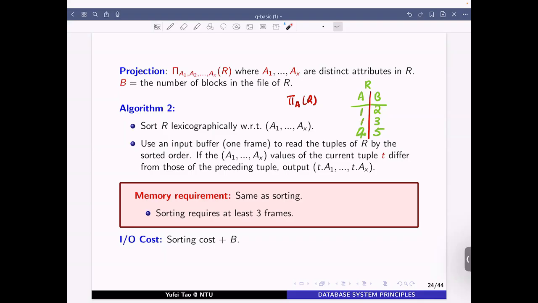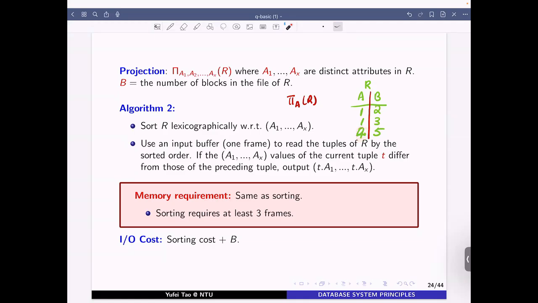They are the same, so this one has already appeared, and therefore it can be skipped. Moving on, now you can see it's 4 here, and this 4 is different from the A value of the previous tuple, and therefore you know that this 4 must be a new A value that we encounter. So you will display it.